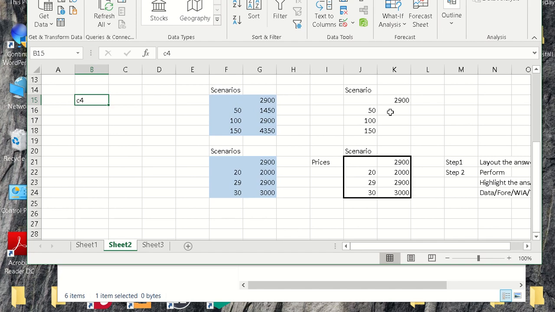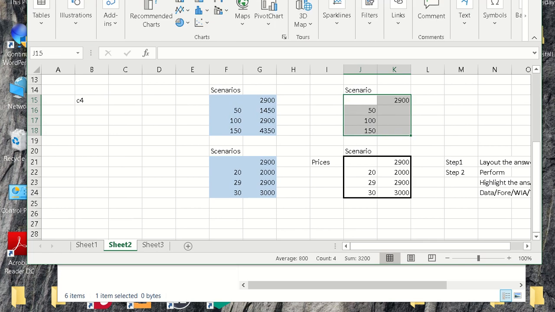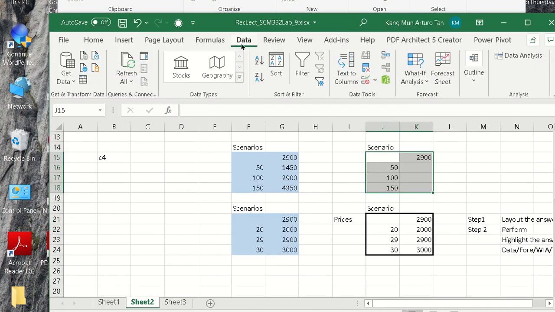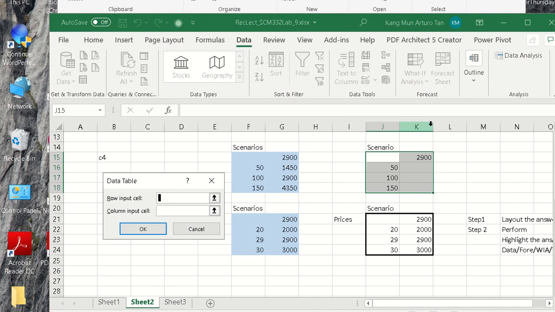So now we have here, highlight the area, like what I said here. Lay out the answer, highlight the area, and then you go to data, what if analysis, data table.